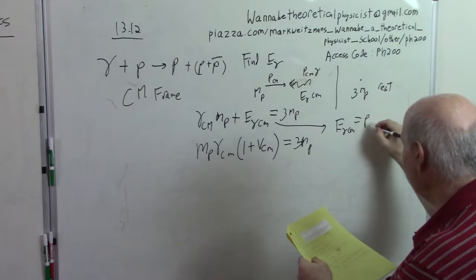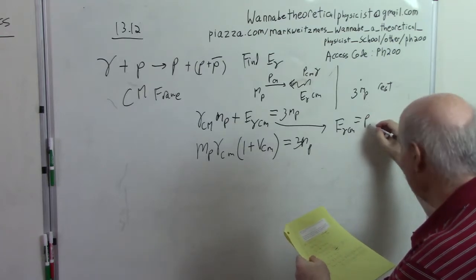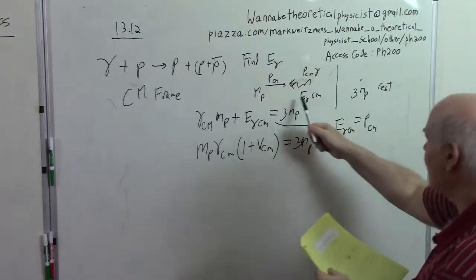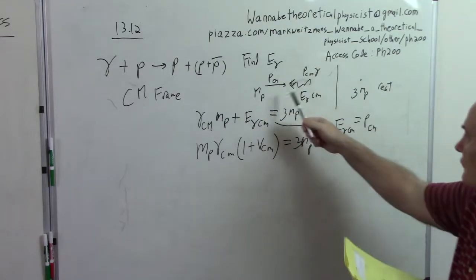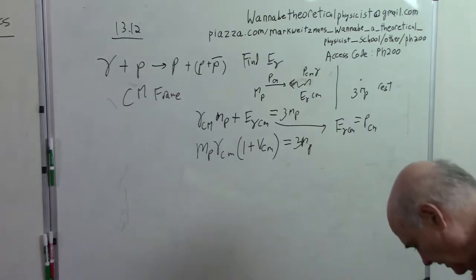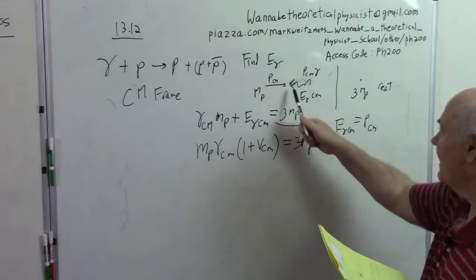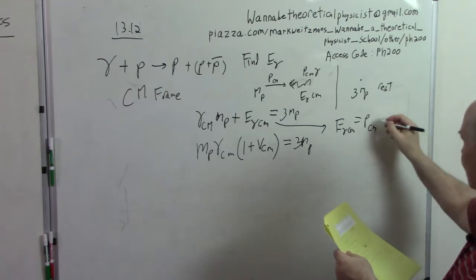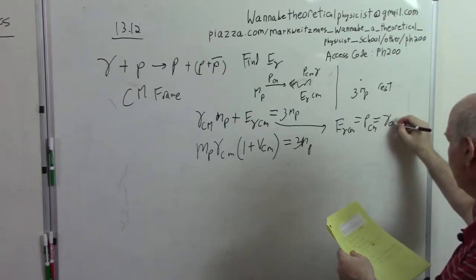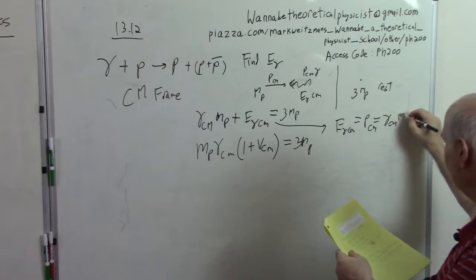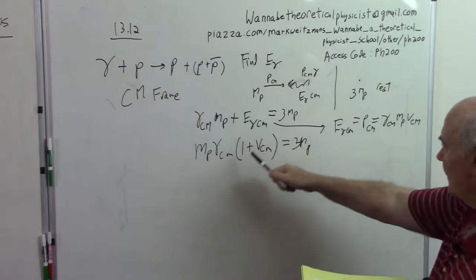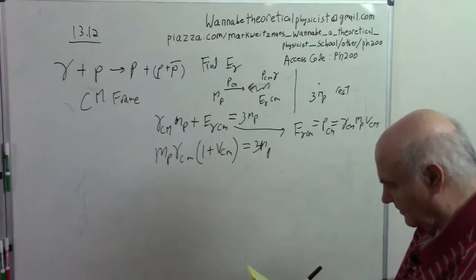This is the same as the momentum of the proton, because in the center of mass frame, they're zero momentum frame. They're all the same. And so this is equal to gamma CM times MP times VCM. So I substituted this in this equation. That leads to that equation.